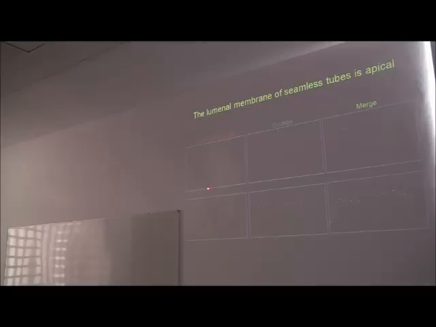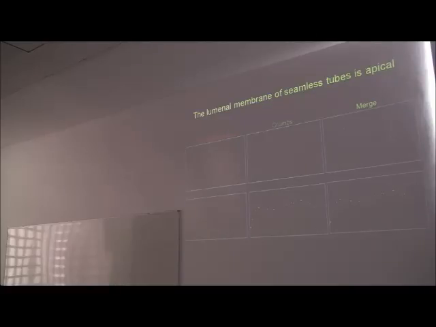Well, for those of you with keen eyesight, you might see red labeled here, which is an antibody that serendipitously labeled the apical membrane, or the luminal membrane, of the seamless tubes. Here you see foci of Crumbs, and in the merge, you can see that these foci of Crumbs mark the apical membrane, or the luminal membrane.